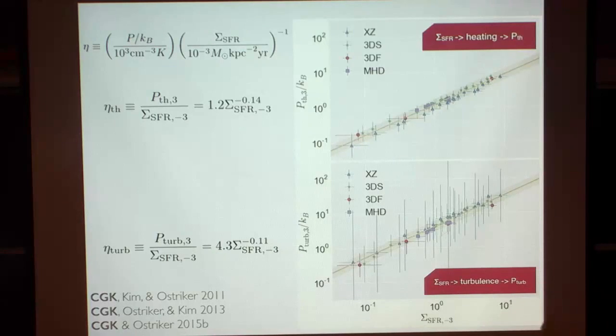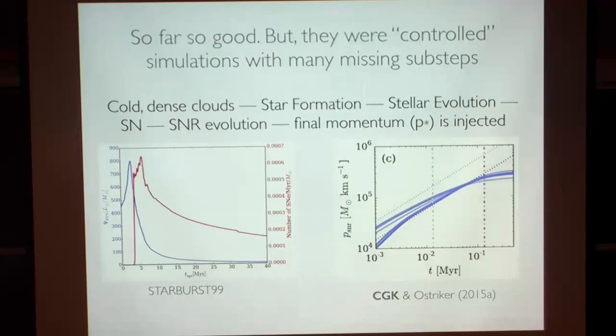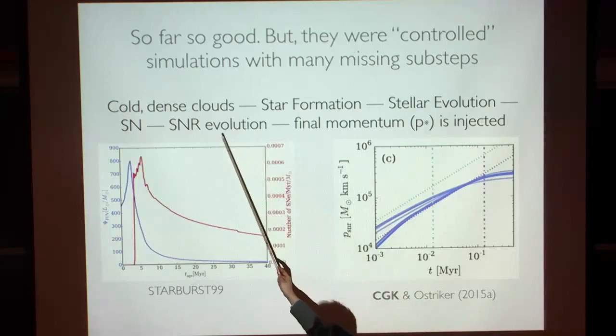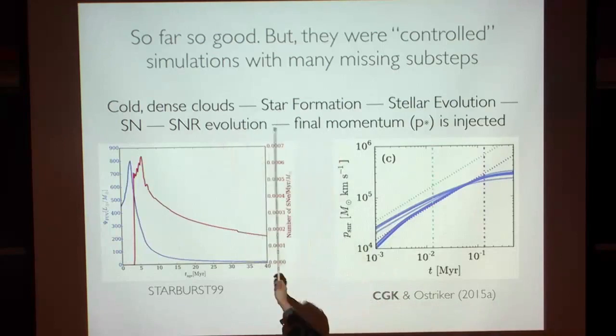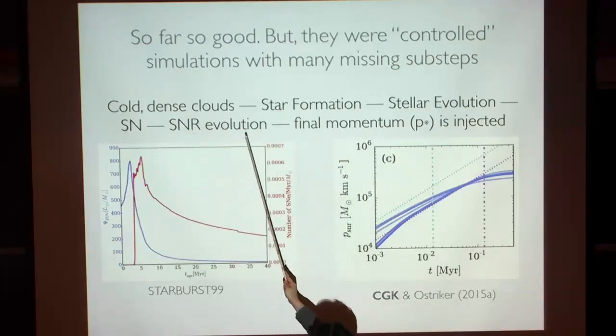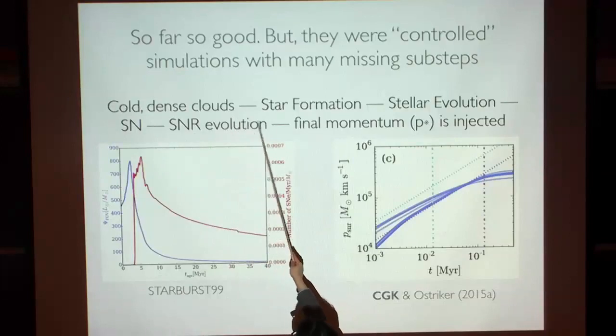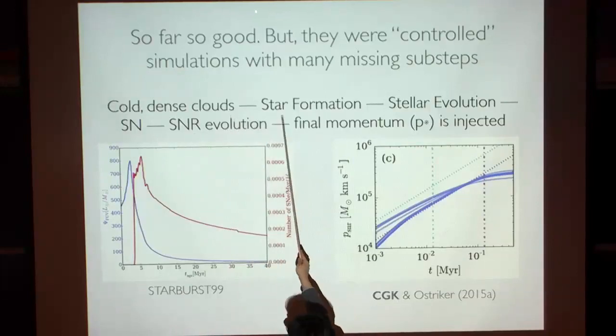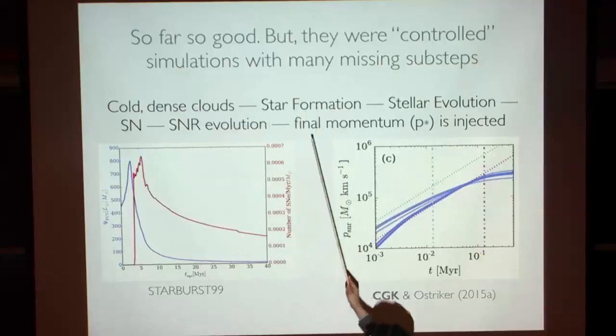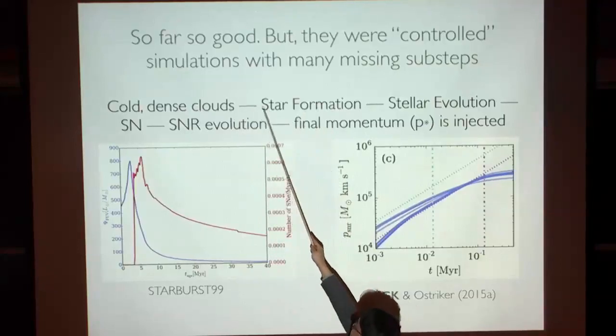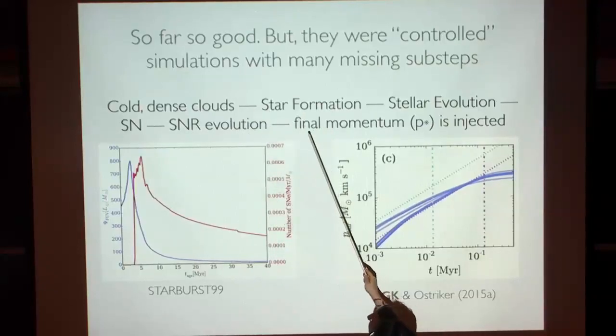So now let's move on to some real situations. As I mentioned, these are controlled simulations with many missing steps, especially for the supernova feedback. In reality, when the cold dense clouds form, there is a very, very complex process to form actual stars, which we cannot really follow.